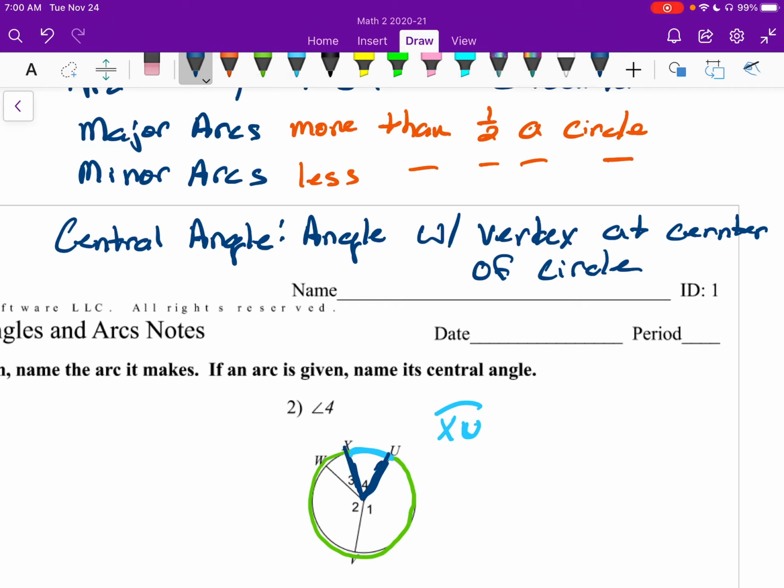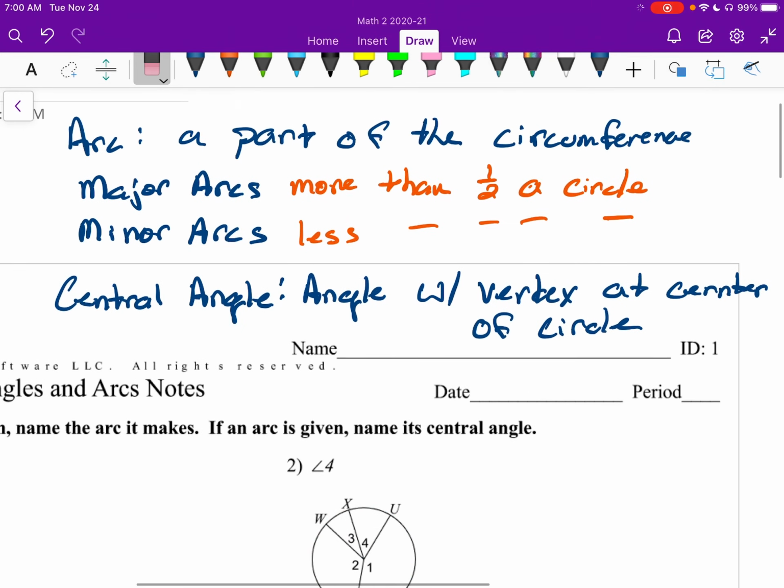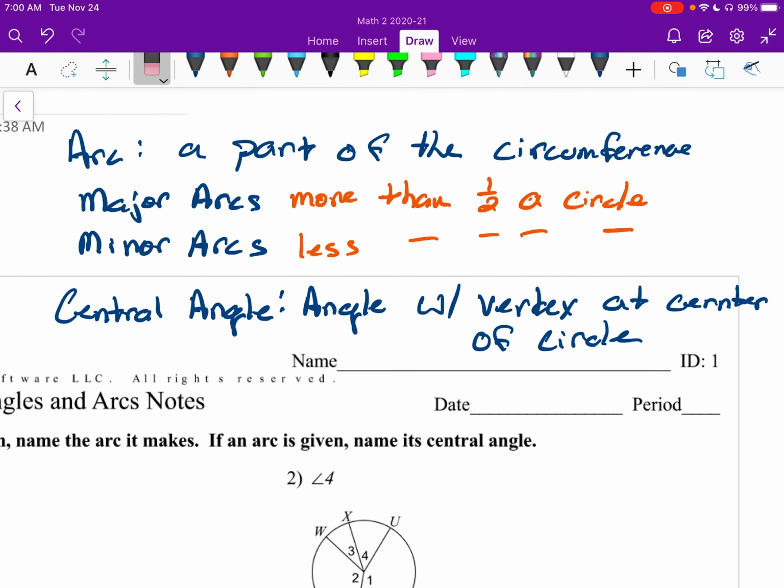An angle with the vertex, the middle point, at the center of the circle. All right, I know there's going to be more definitions, but that's all for this section.